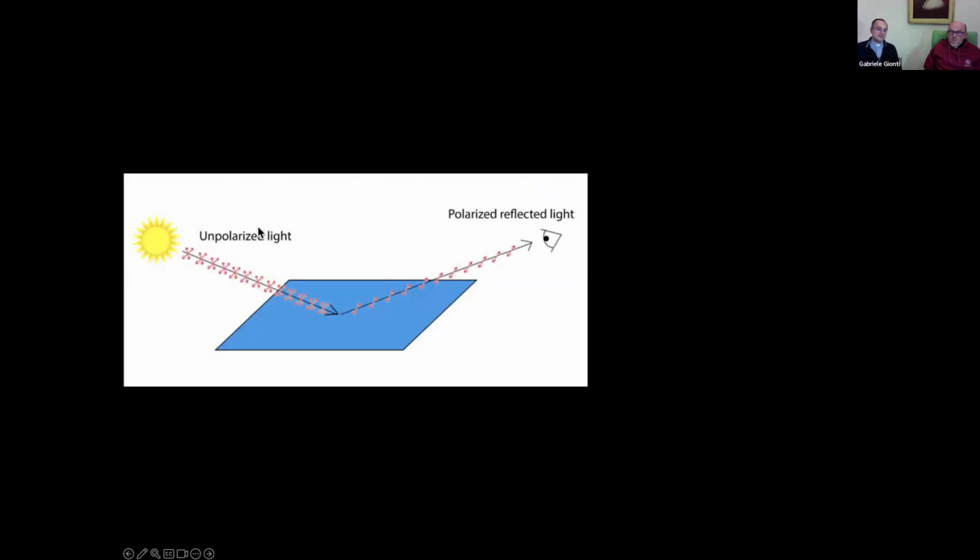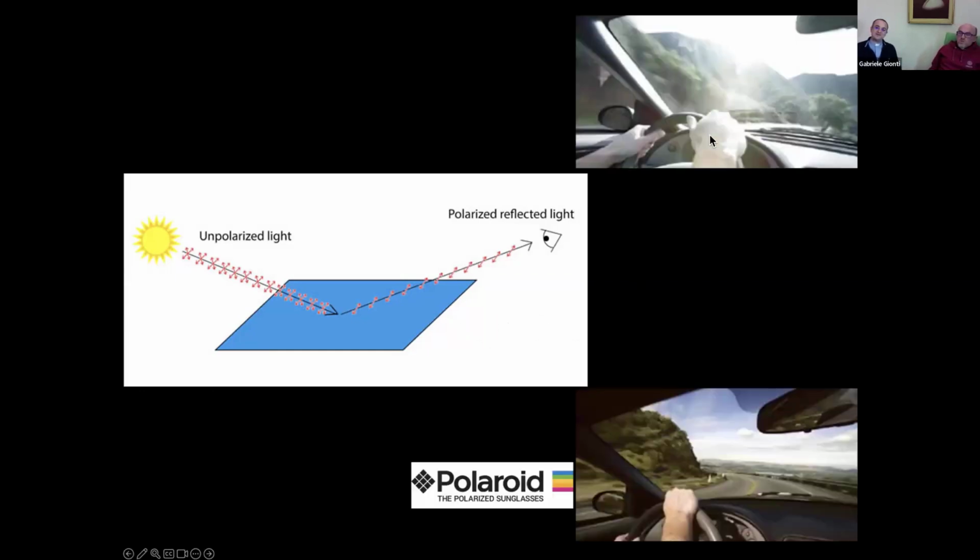The light, for example, the light coming from the sun is not polarized, but after reflection, it becomes polarized. At least a certain amount of it, not completely polarized, but you have a certain percentage of linear polarization after reflection. This is something we are familiar with if we look at reflected light with normal glasses or with Polaroid glasses.